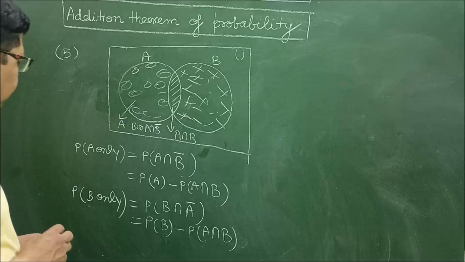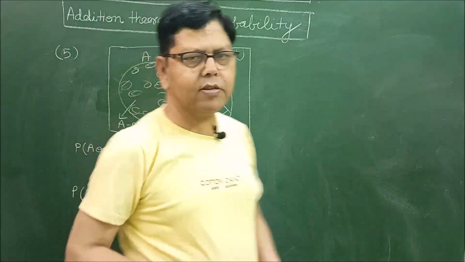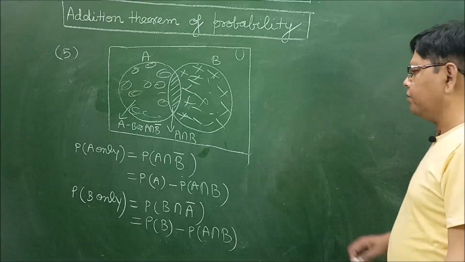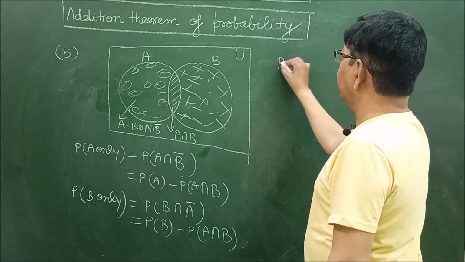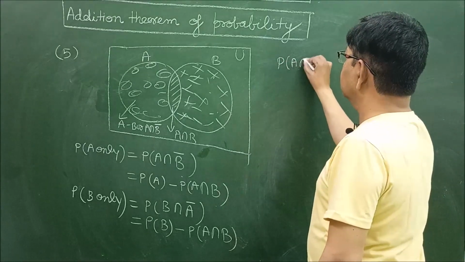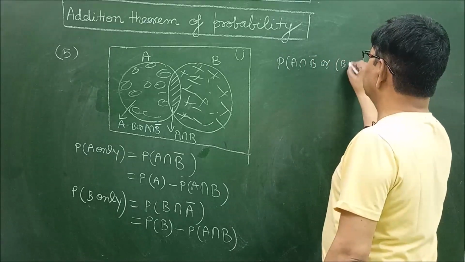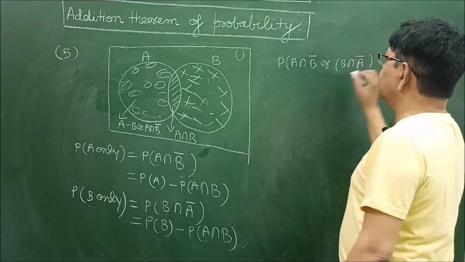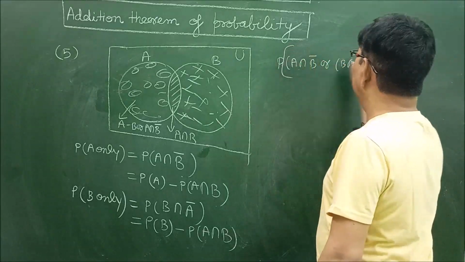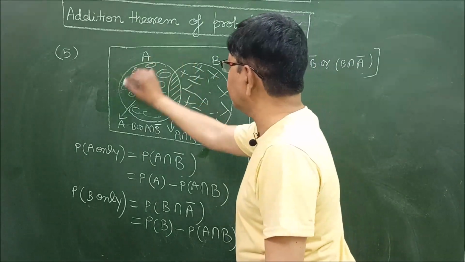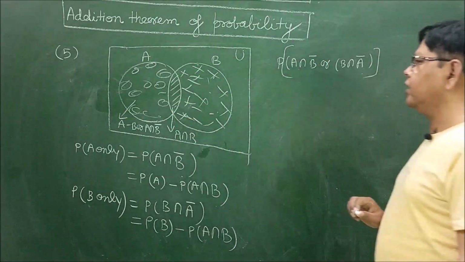Now if you want to find the probability that exactly one of the events happens, probability of A happens or probability of B happens, you can see from the diagram that these two events are mutually exclusive, nothing is common here.